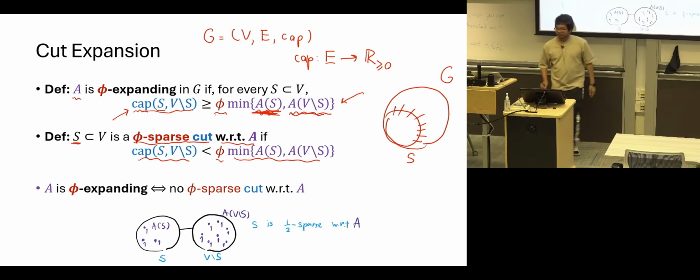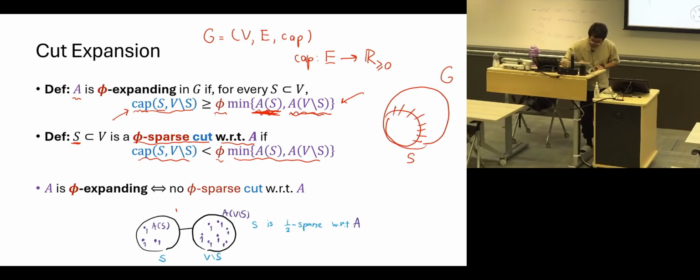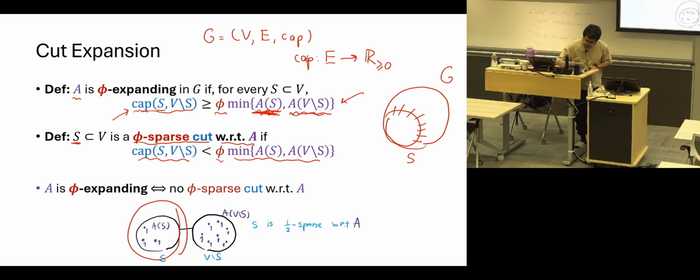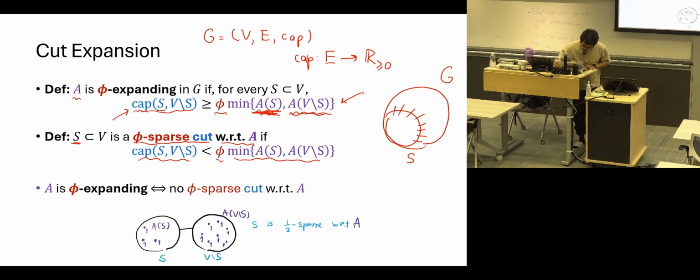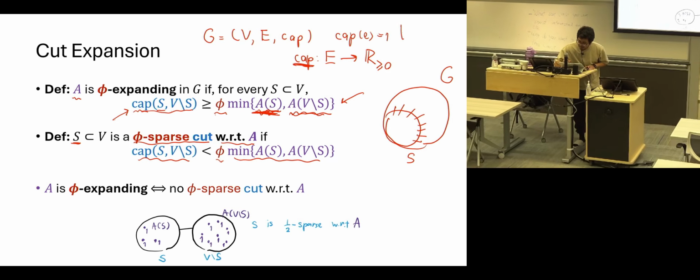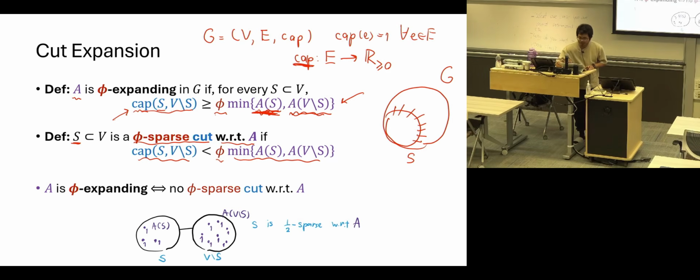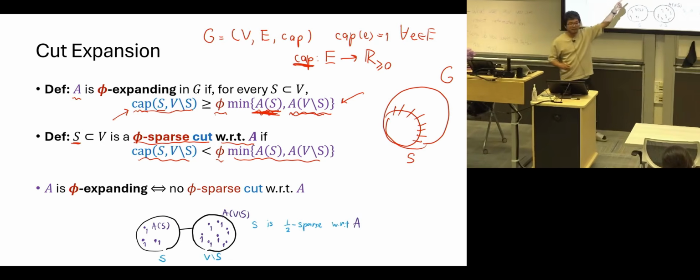So let's say the capacity of this edge is just 1. Usually I think of capacity as unit capacity, so the capacity of every edge is 1 when I don't specify.